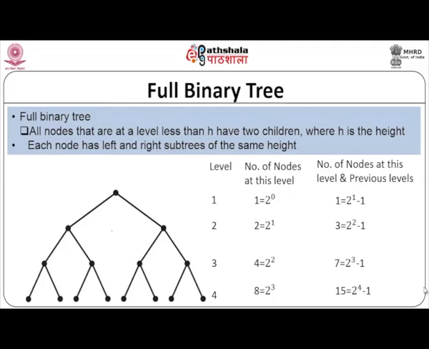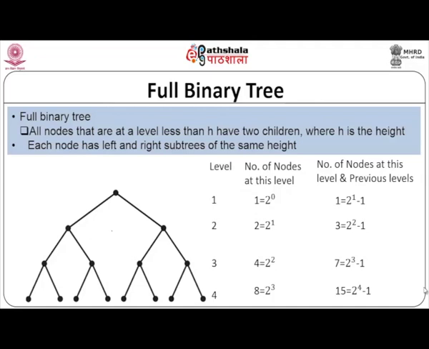So the total number of nodes will be 1, then 3, 7 and 15. At the first level you have 1, then 2, so 1 plus 2 is 3, then 4, so 4 plus 3 is 7, and at the last level the total is 7 plus 8, previous plus this, that is 15. So, a tree with level 4 or height of 4 will have 15 nodes.